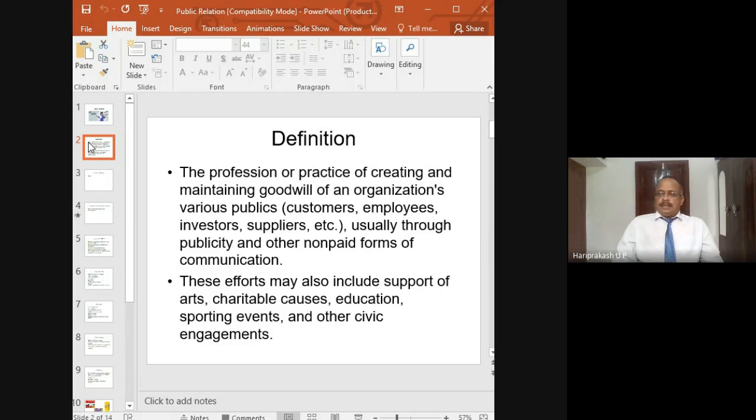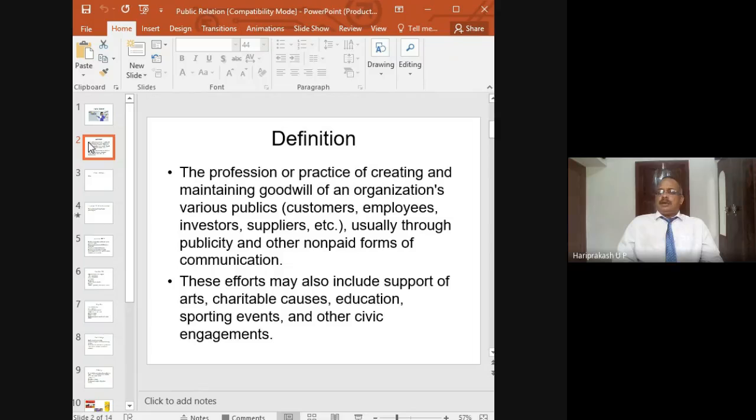Here in public relation, it is not only for customers, it is for the employees, the investors, the suppliers. Trying to create a good image of the organization is the objective of public relation. And it is done mainly through creating publicity.